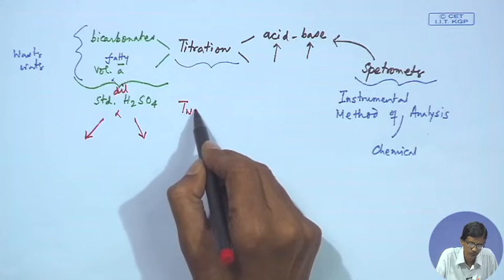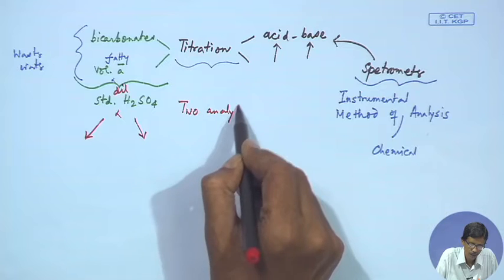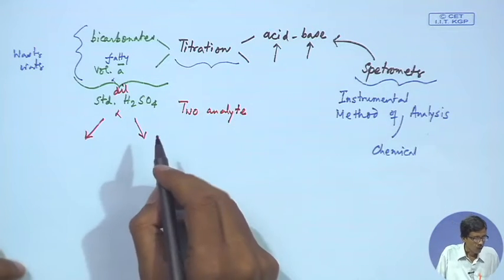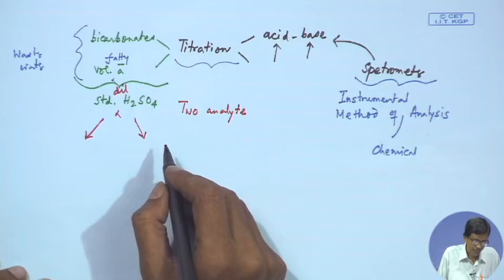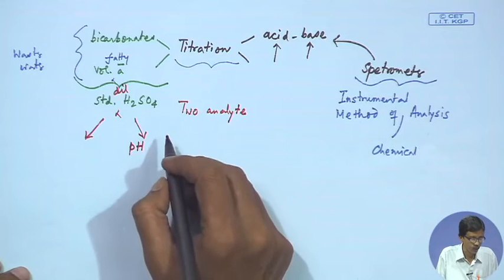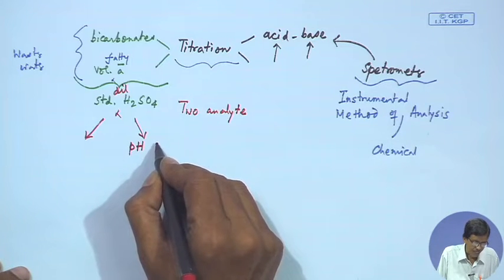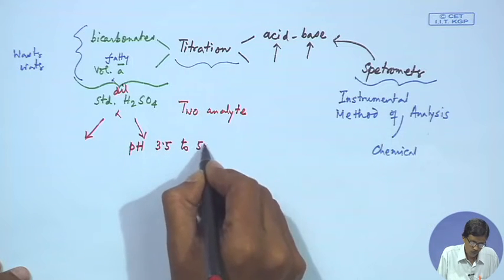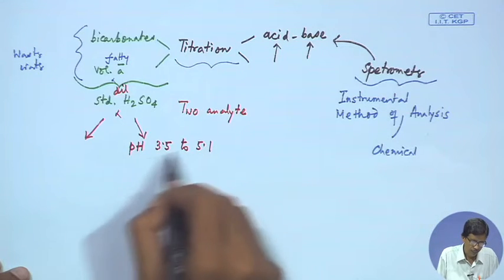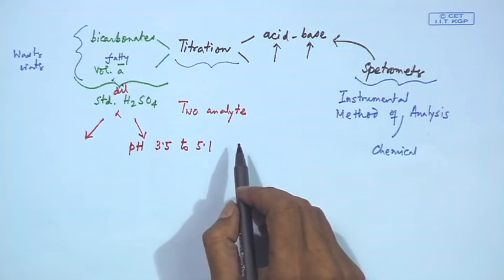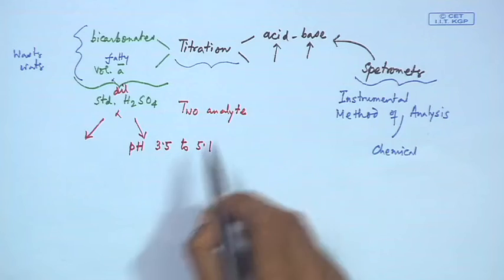So, it is a two-analyte situation, where we can go for a titration where the final pH, that means the pH at the neutralization point, can range from 3.5 to 5.1. That means, in the typical acidic region, we can recall the pK value of acetic acid, which is 4.75.